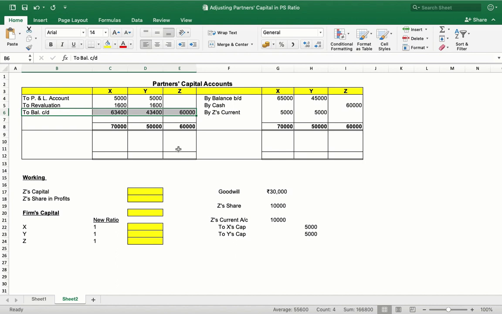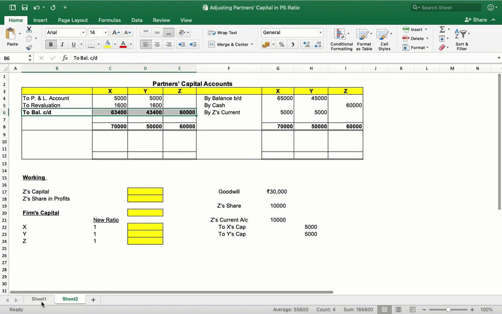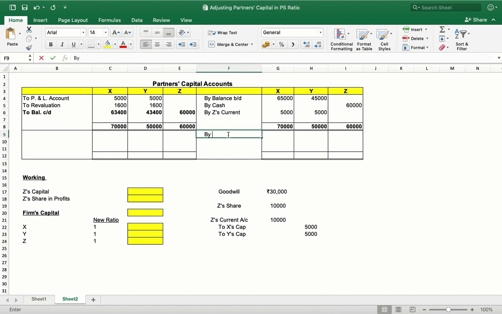Now the question is, we need to maintain these balances in the profit sharing ratio. So for this purpose I will transfer these balances to the second part on the credit side by balance brought down. This is the second part of the partners' capital account. So 63,400, 43,400 and 60,000.